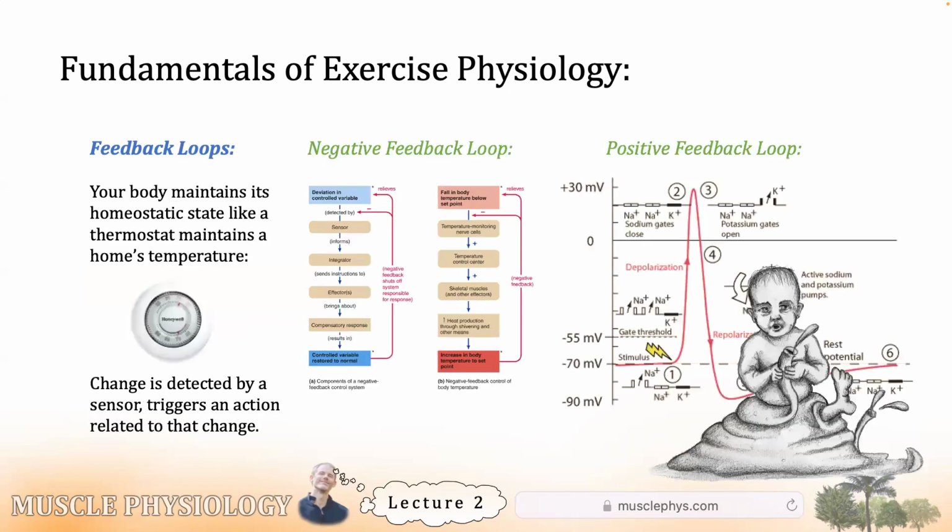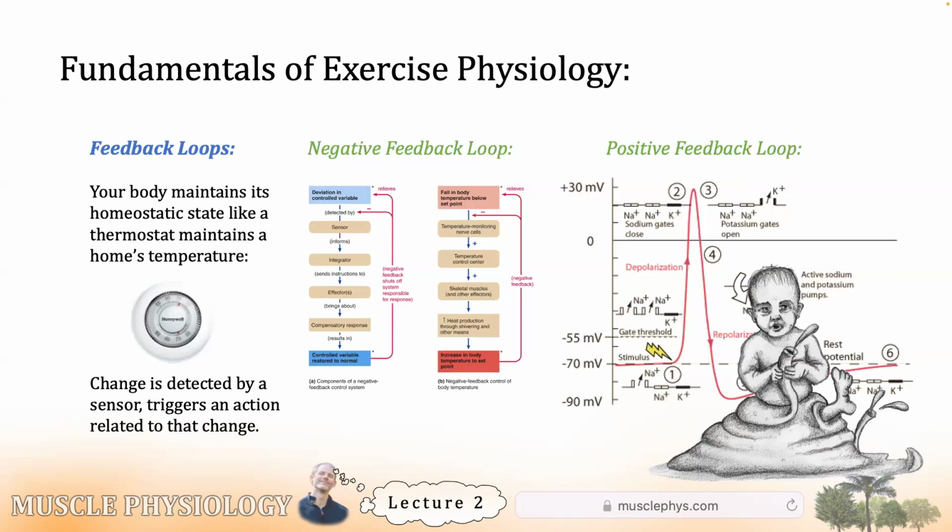And feedback loops, this is really how we manage our homeostasis. This interacts with homeostasis. So there are negative and positive feedback loops. Negative loops, this is what maintains our homeostasis. So think about temperature. Your body begins to accumulate heat. It will detect the increasing temperature, and then you'll sweat to start dissipating that heat.